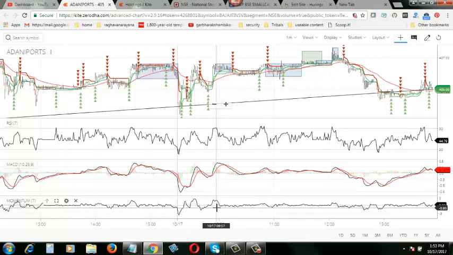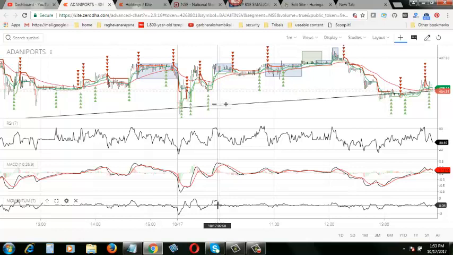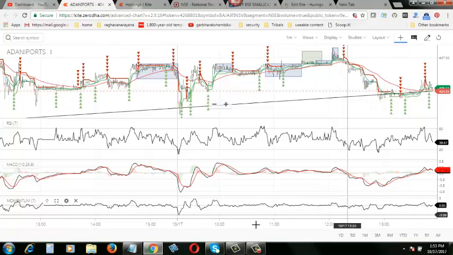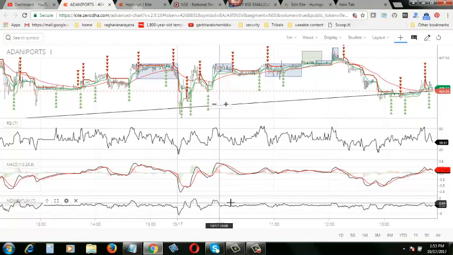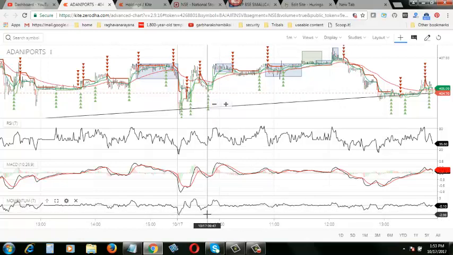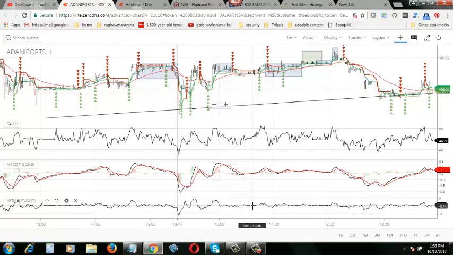Overall the graph is sticking to the baseline, and whenever there are movements, the maximum are towards the downside. 1 2 3 4 5 6 so far, 6 downsides and 3 upward movements. That means the price is going down. That's what we can see.